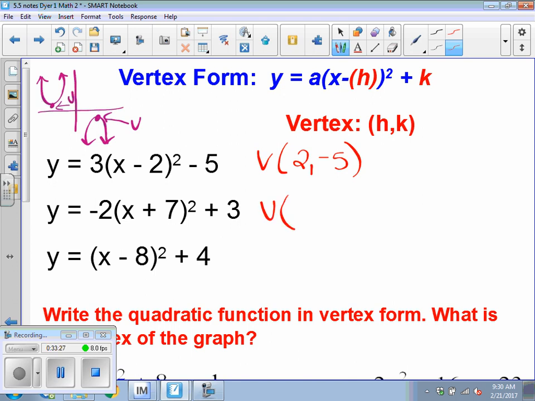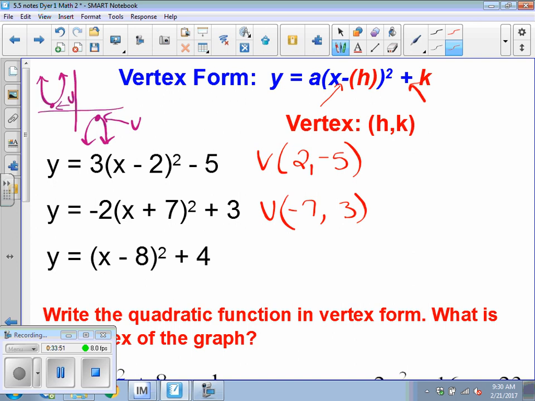The opposite, -7, and that's the same, +3. See this plus? That means same sign. See that minus? That means opposite sign. Okay? That means it got shifted to the left 7 and up 3. This got shifted to the right 2 and down 5.